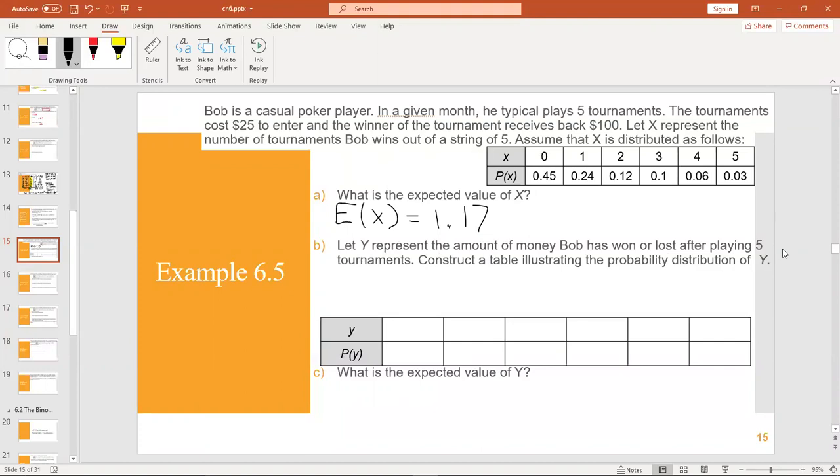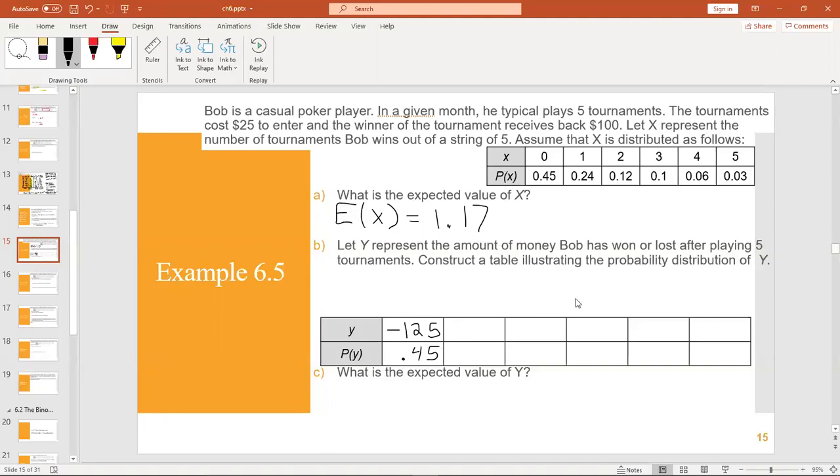Okay, so if he wins 0 tournaments, that means he's going to be down $25 for each one. That means that he's going to have negative $125 that he has paid, and he has won nothing. So if he wins 0 tournaments, he will have paid $125, and there is a 45% chance that that is what will happen.